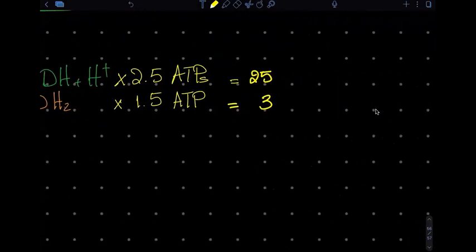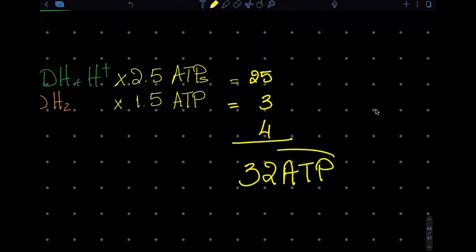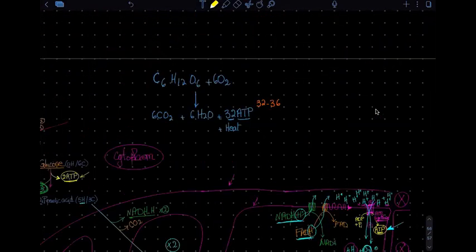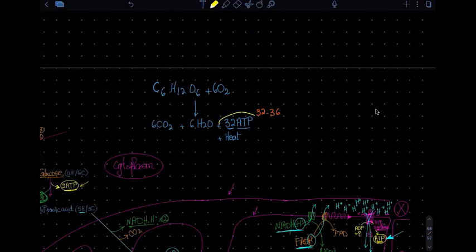I've got 4. So can you add this together? This is going to be equal to 32 ATPs, which is going to be the initial number of ATPs that we've mentioned at the beginning of the reaction.